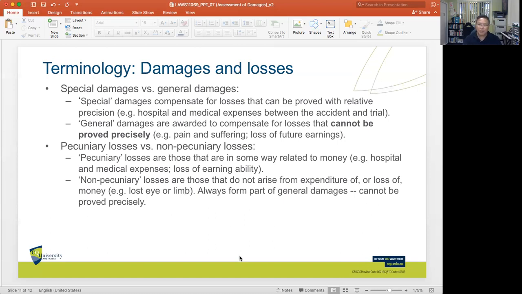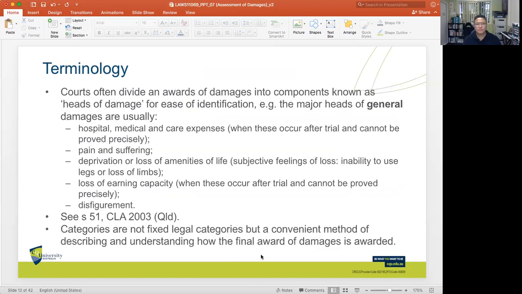These are non-pecuniary losses because they do not arise from the expenditure of or loss of money, and they always form part of general damages because the value of the losses also cannot be proved precisely. So keep in mind these particular terminologies.